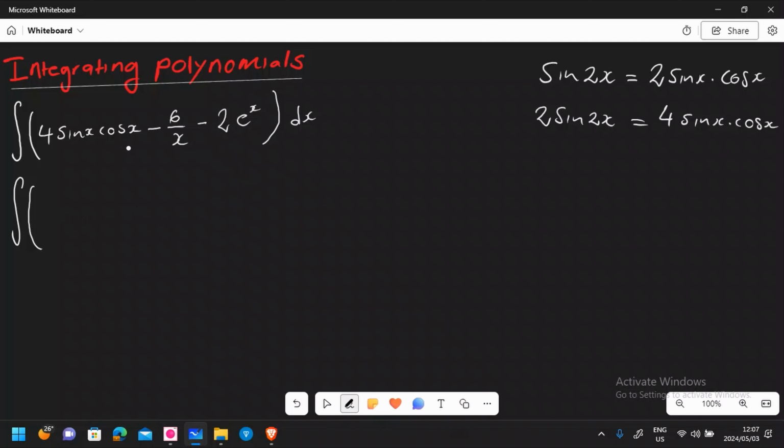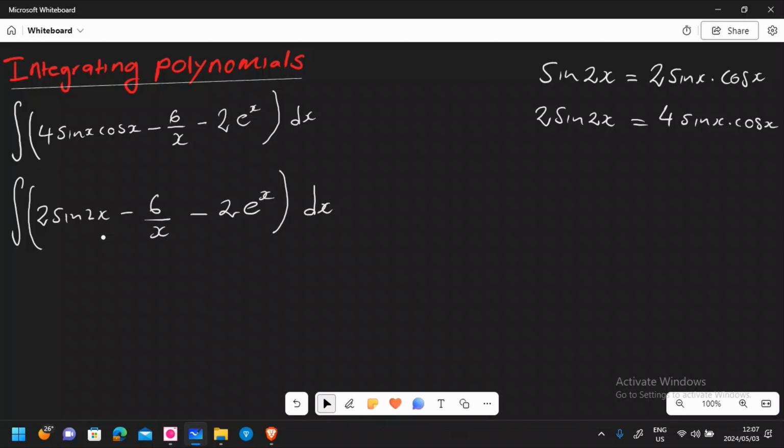So we can substitute this here with 2 sine 2x, minus 6x, minus 2 e to the power of x. And then let us not forget that we still have dx. Remember, we are simplifying, so we managed to simplify the first term.